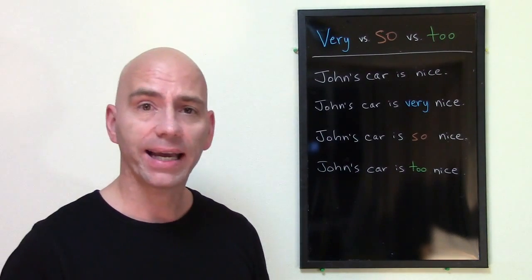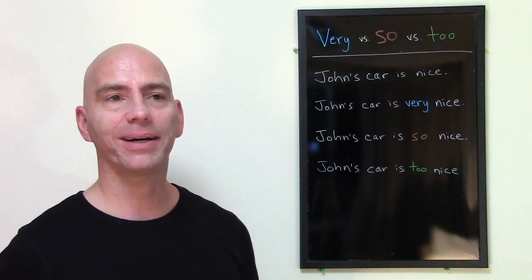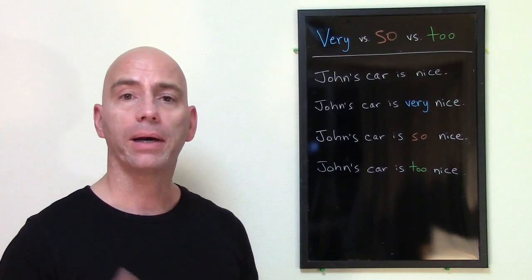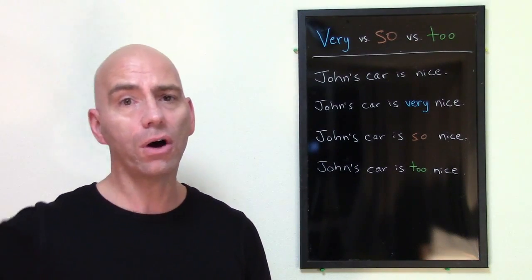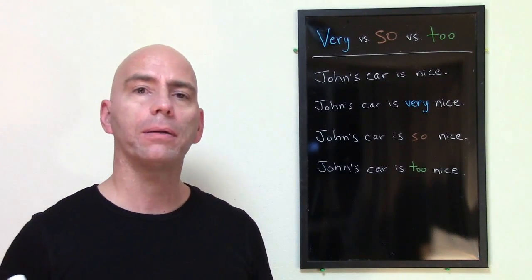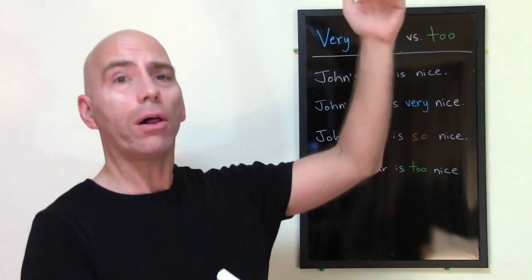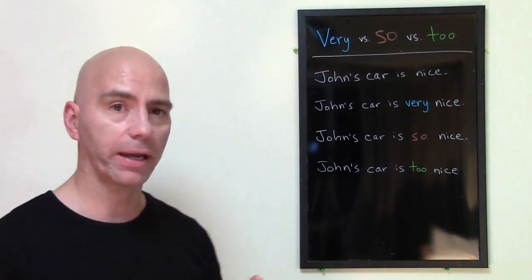I might say that my cousin is tall. I might say that my friend is very tall. So my cousin is tall, which is taller than average, but my friend is very tall, so he's even taller than my cousin. Okay?